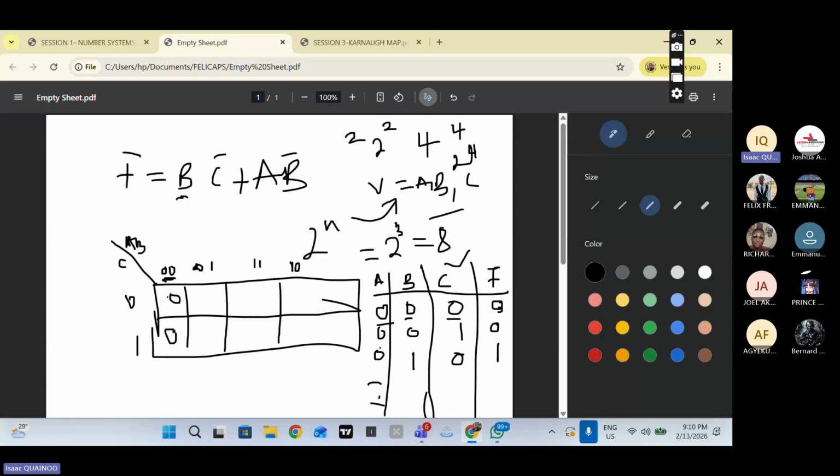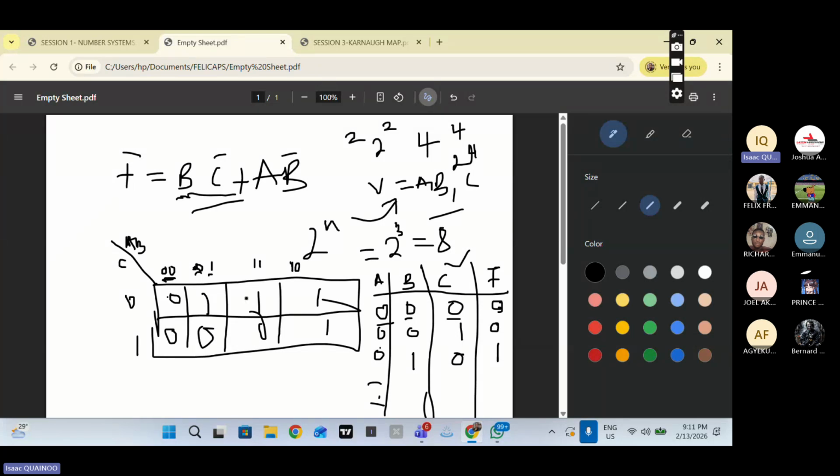The F value is 0. Then the third one, when A is 0, B is 1, and C being 0, we are referring to this box. The F value is 1. So assuming, let's say, this is 1, 1, 0, 0, 1, then that becomes the K-map for this function that we are seeing here.